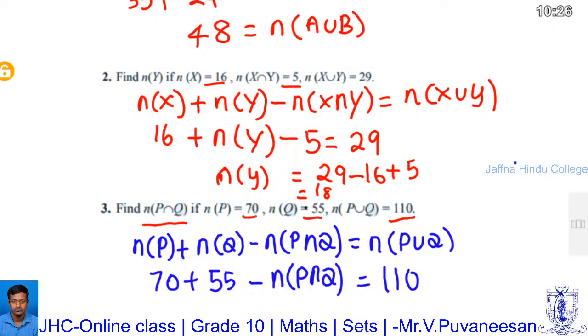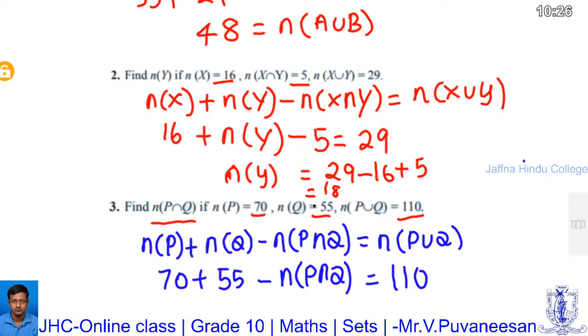So I take minus number of P intersection Q to the other side, it becomes plus number of P intersection Q. On the left side of the equation, there are 70 plus 55 equal to 125. And now I take 110 to the other side, that becomes minus 110.